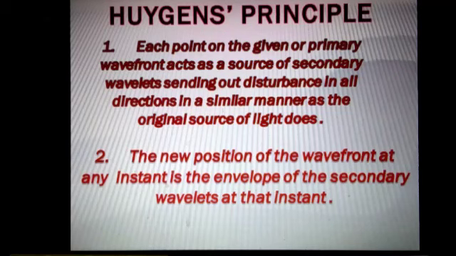Here we will discuss a theory which is based on geometrical construction used to determine the position of a wavefront at a later time from its given position at any instant. This theory is known as Huygens principle.